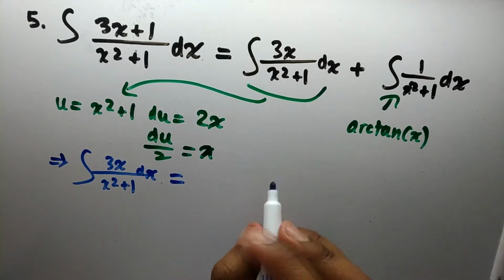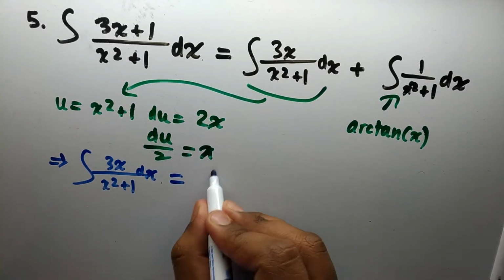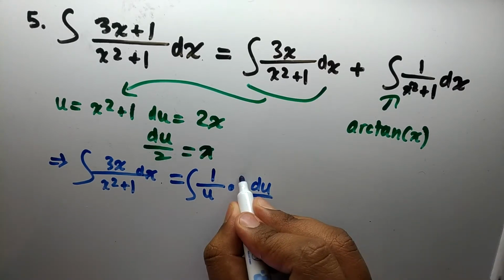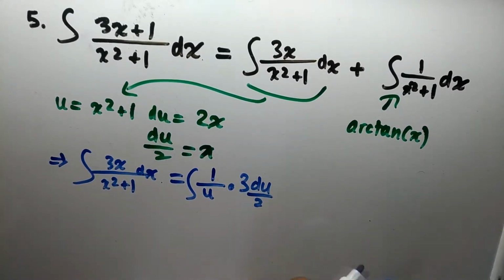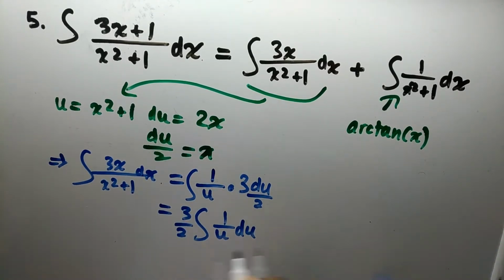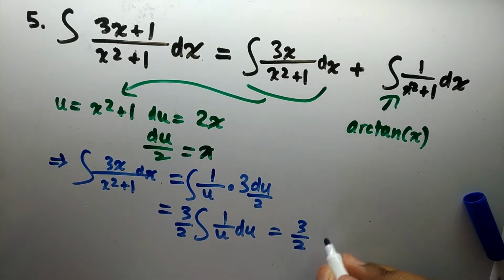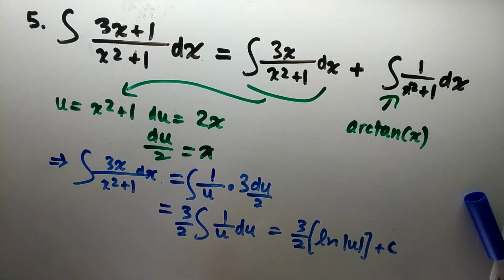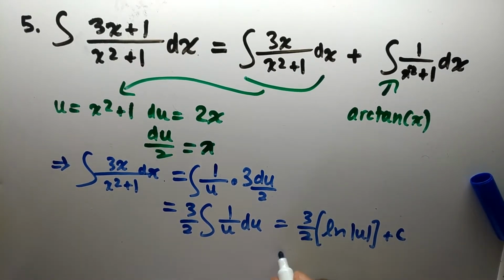So 3x over x squared plus 1 dx is just going to equal 1 over u times 3 times du over 2. You can take out the 3 over 2, so you're just left with 1 over u that you're dealing with, and that's just going to be ln u. So 3 over 2 ln u, absolute value of course, don't forget that.